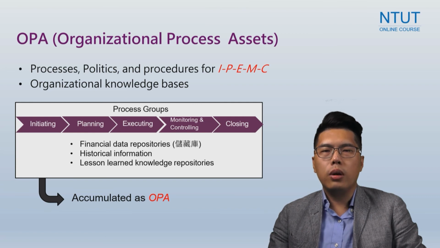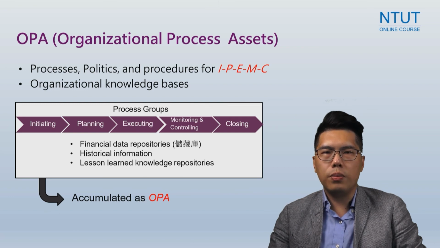And the people, I mean the teammates or the stakeholders and the project manager, will have the lessons learned knowledge repositories from the project. And all of them in the process groups will be accumulated and become the organizational process assets, which is the OPA.